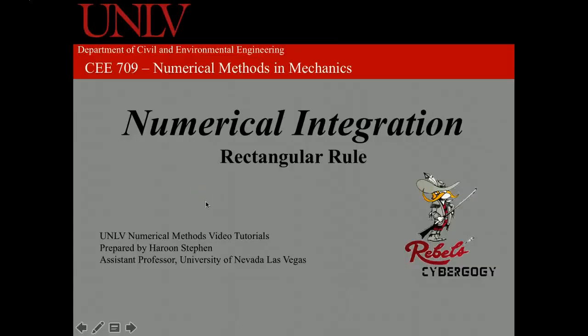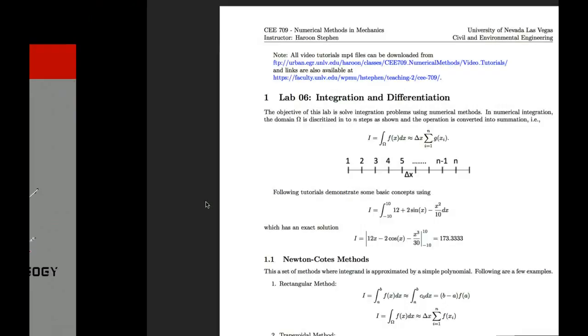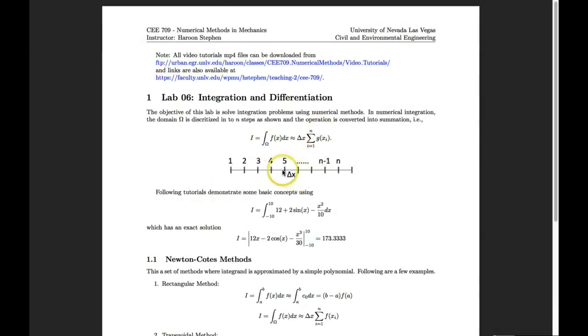This tutorial is about numerical integration using the rectangular method, which is the simplest of all methods. In this tutorial, what we are primarily trying to do is convert the integral into a summation where we divide the whole domain into small intervals.